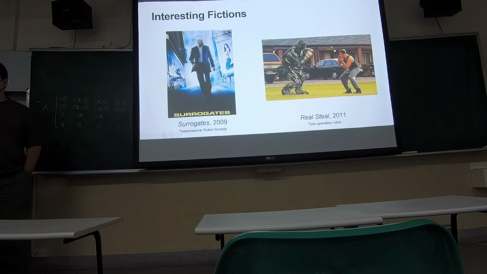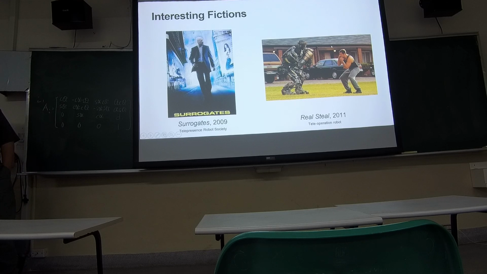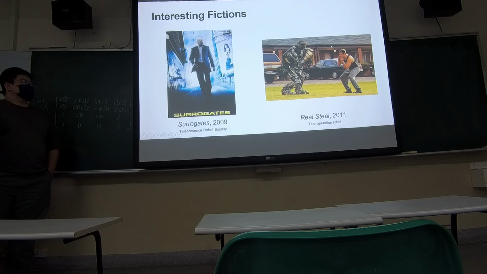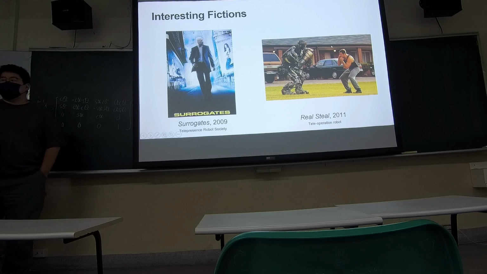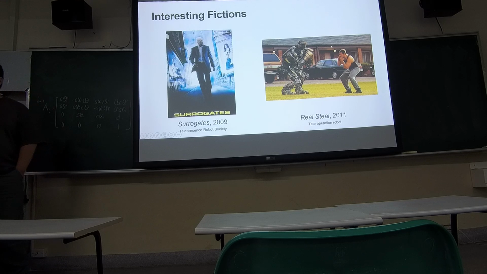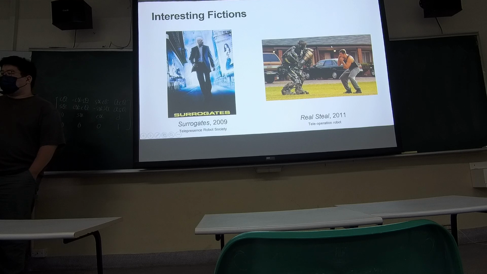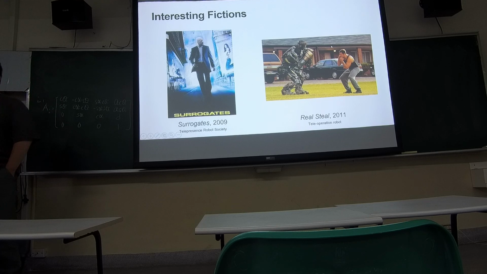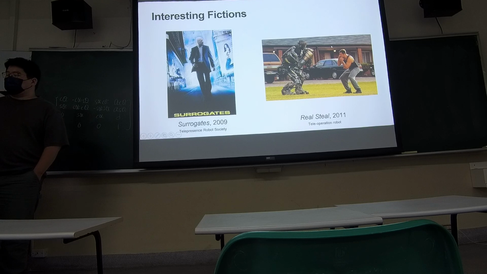And the other one is Real Steel. This showcases a world where robots replace human boxers to satisfy the demand for excitement and balance. If you are interested, we encourage you to look up these films, as they provide deeper insight into telepresence robots.